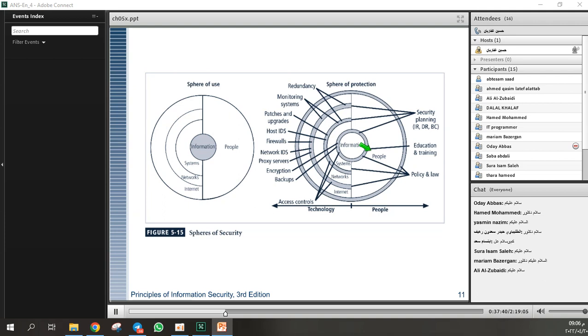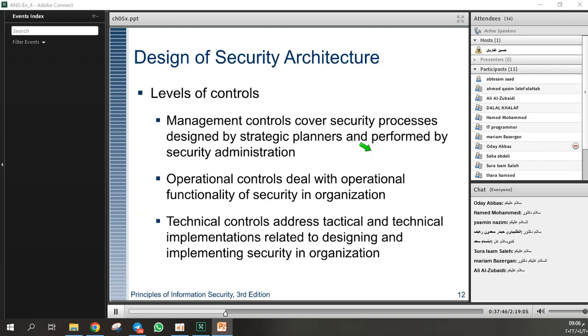In this figure here, you can see different security elements. But let me talk generally. Let's suppose that I need to design a security architecture. Okay. When I'm talking about security architecture, it means that I need to have lots of detail and knowledge in the field of information security.